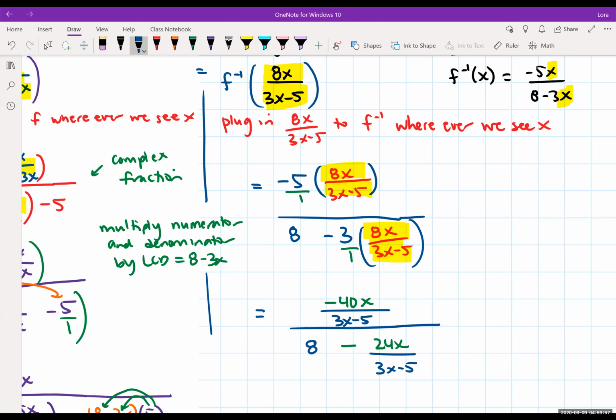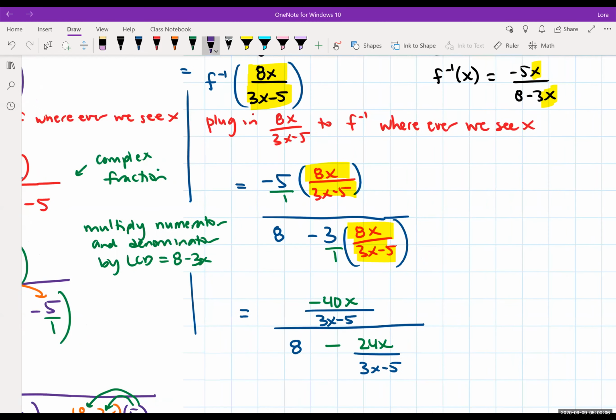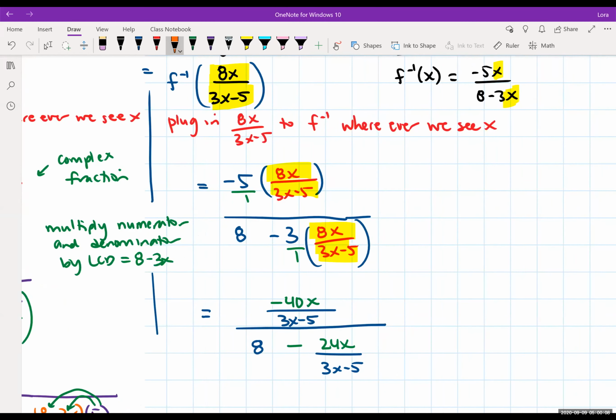So at this stage, we still have a complex fraction, but it's looking a little less complicated. I will now take the LCD. Keeping in mind this 8 is an integer, you can write it over 1. The only denominator other than 1 is 3x minus 5. So I'm going to multiply 3x minus 5 to the numerator and the denominator.